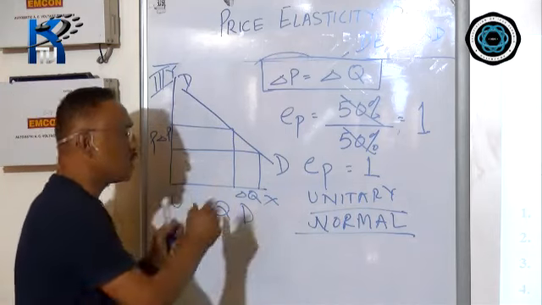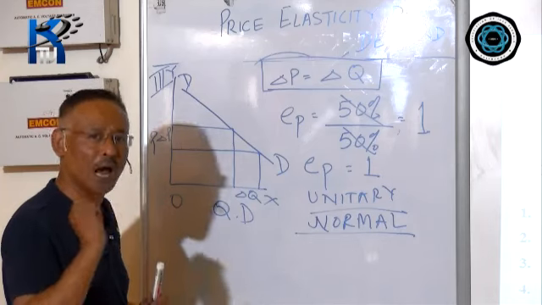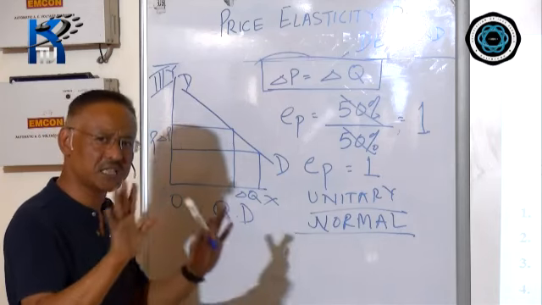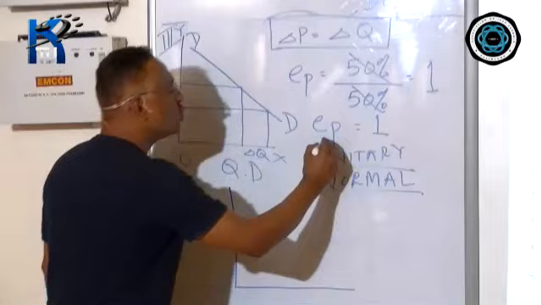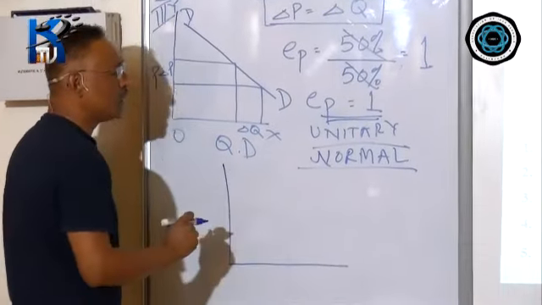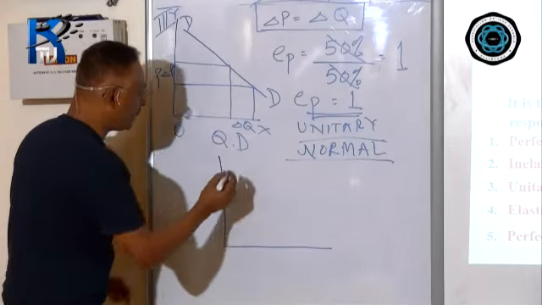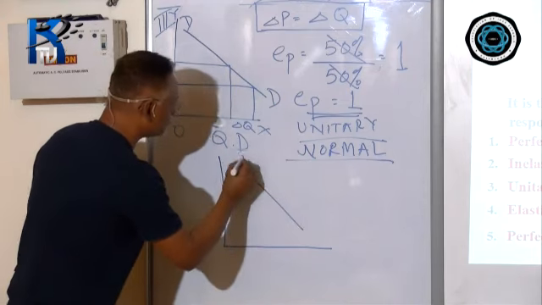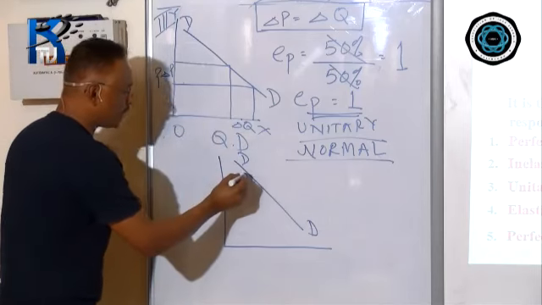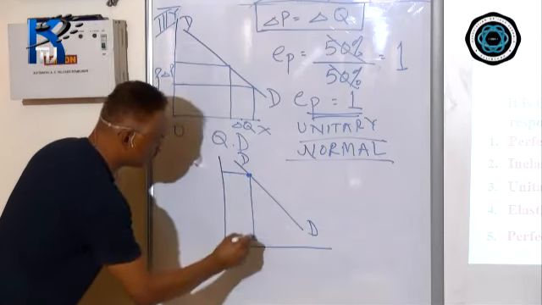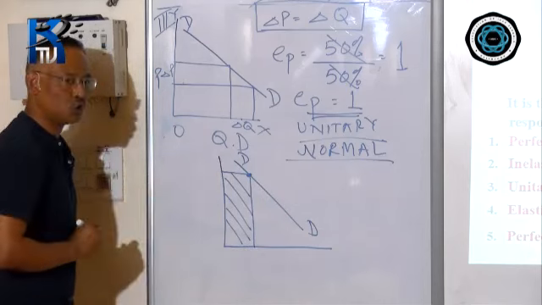Unitary. In this, one more thing I want to explain is the word rectangular hyperbola. Now what is this rectangular hyperbola? Very simple. It just means that when EP is equal to 1, unitary, the demand curve is a rectangular hyperbola. If you were to take the demand curve where delta P is equal to delta Q, let me take a point here and find the area. Area of a rectangle, length into breadth.